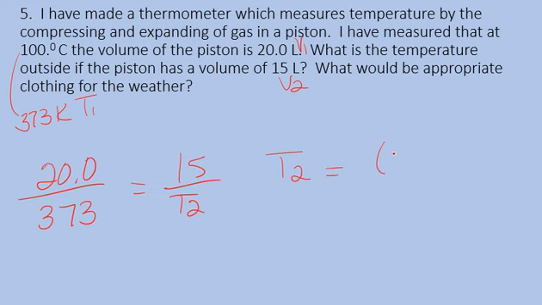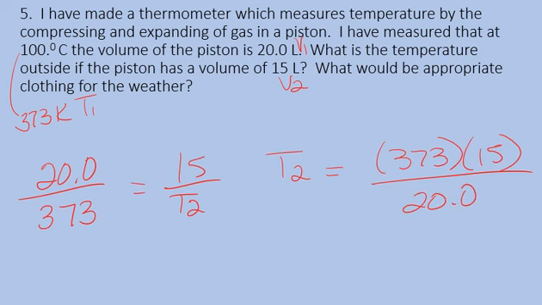So T2 is going to be equal to 373 times 15 over 20.0. So 373 times 15, divided by 20 equals 279.75 K.